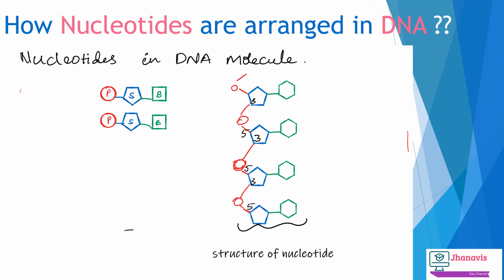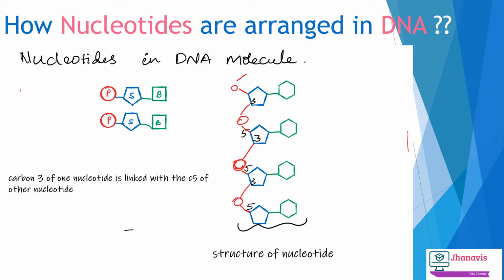Here, the first nucleotide has the deoxyribose sugar, and the second nucleotide also has the deoxyribose sugar. The link is in such a way that the carbon 3 of the first nucleotide sugar will be linked with the carbon 5 of the second nucleotide sugar.